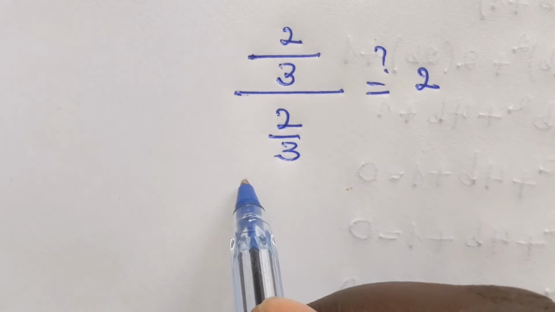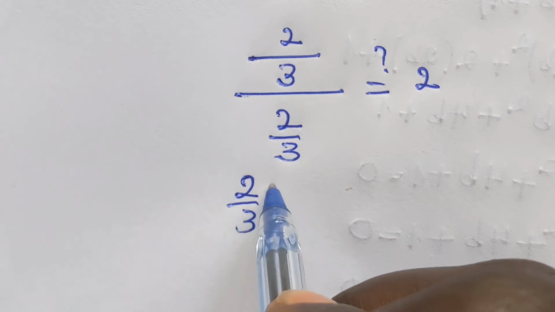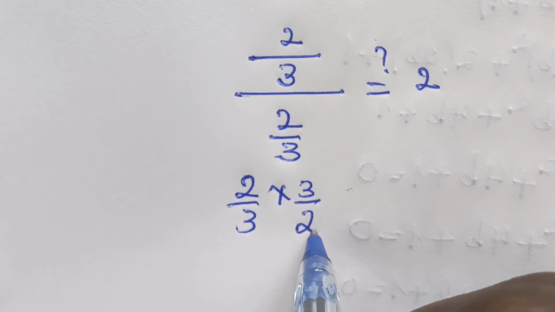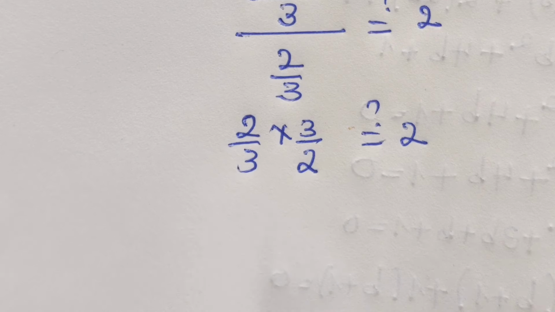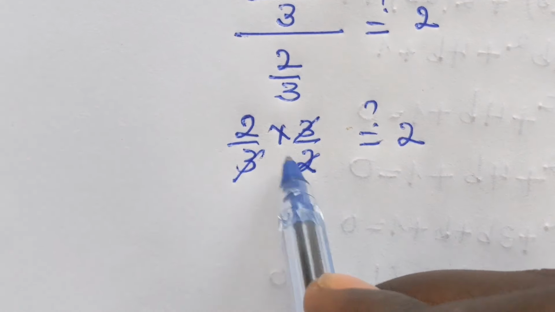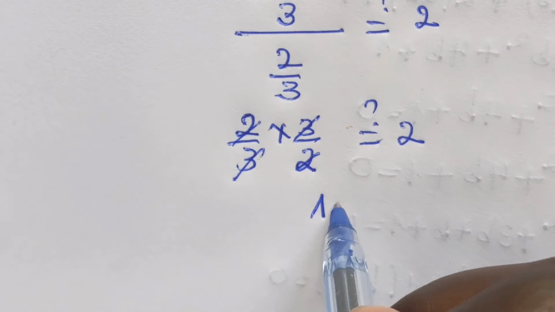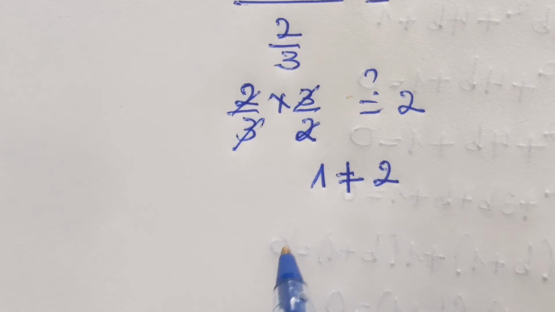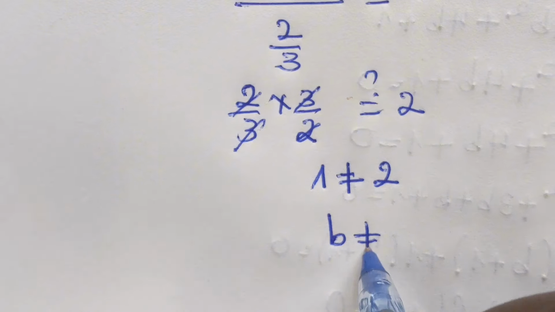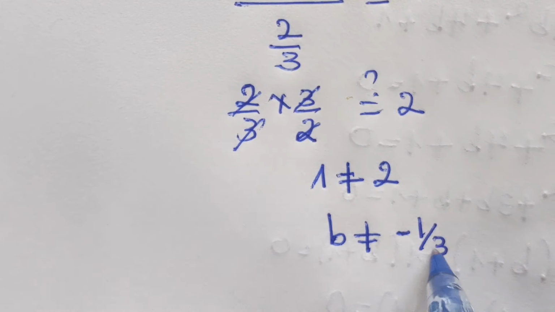So by multiplication, 2 over 3 times 3 over 2 equals 2? This cancels with this, so that 1 does not equal 2. So b does not equal negative 1 over 3.